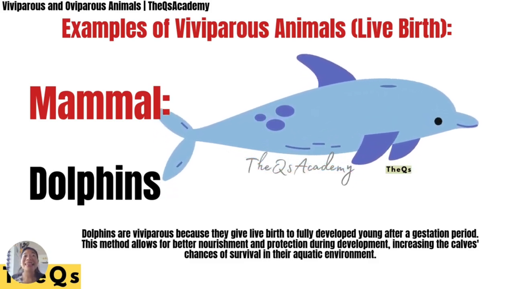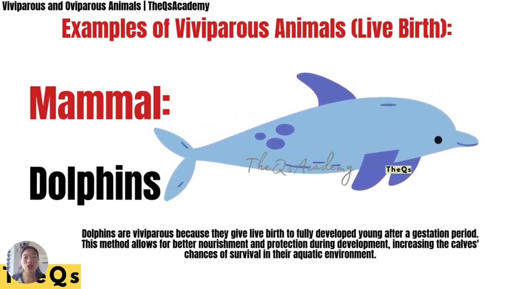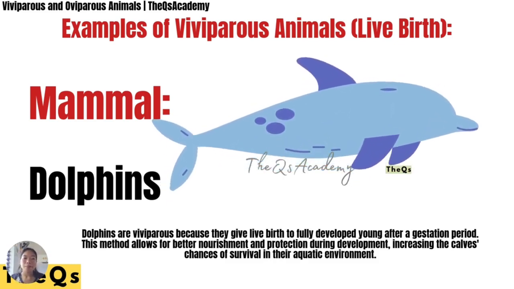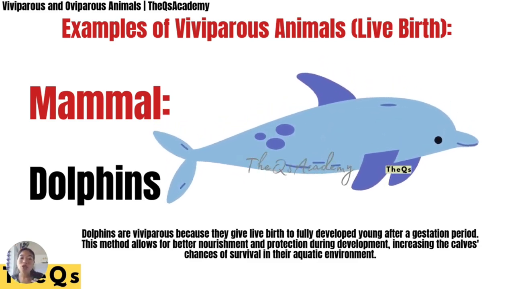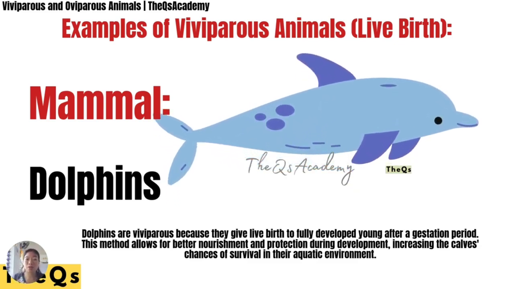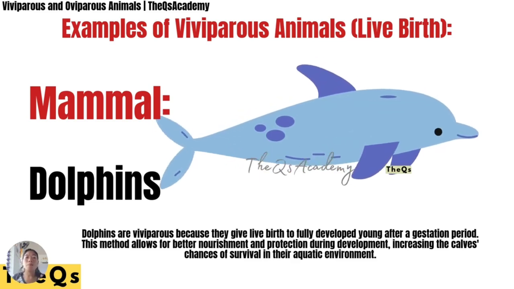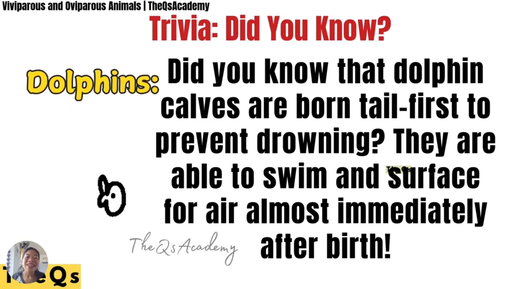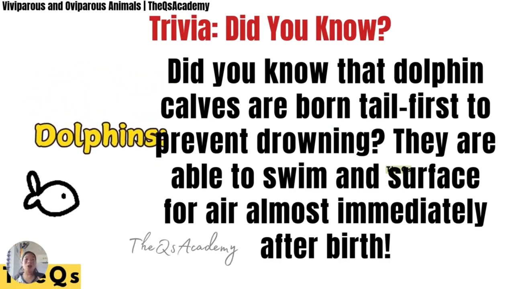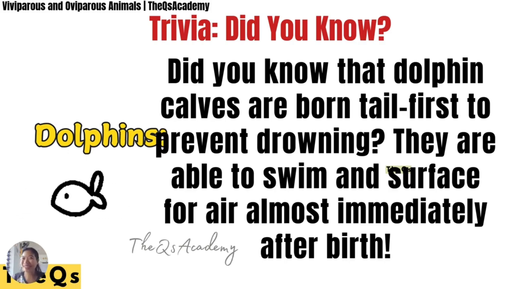This method allows for better nourishment during development, increasing the calves' chances of survival in their aquatic environment. Calves is the name of their young. So we have trivia. Did you know that dolphin calves are born tail first to prevent drowning? They are able to swim and surface for air almost immediately after birth.